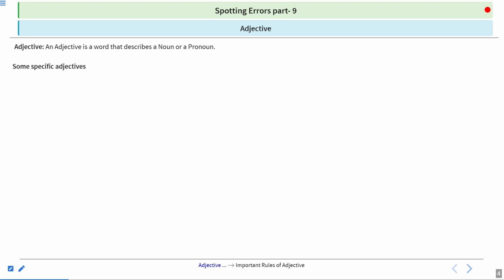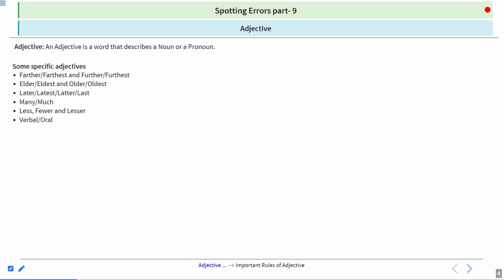Some specific adjectives: farther, farthest, and further, furthest. Elder, eldest, and older, oldest. Later, latest. Latter, last. Many, much. Less, fewer, and lesser.